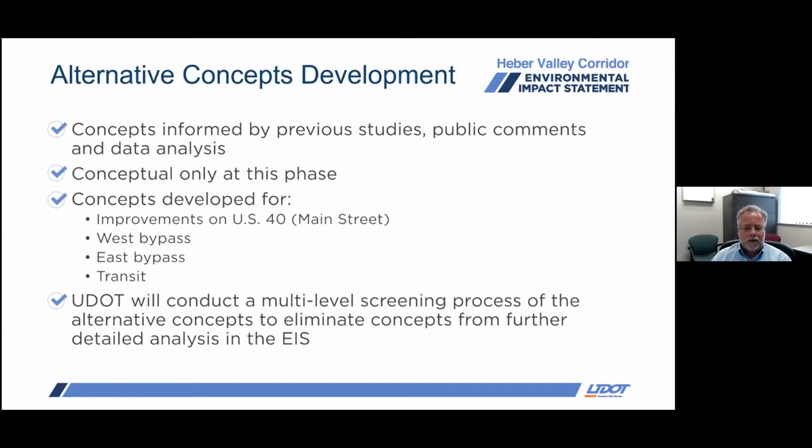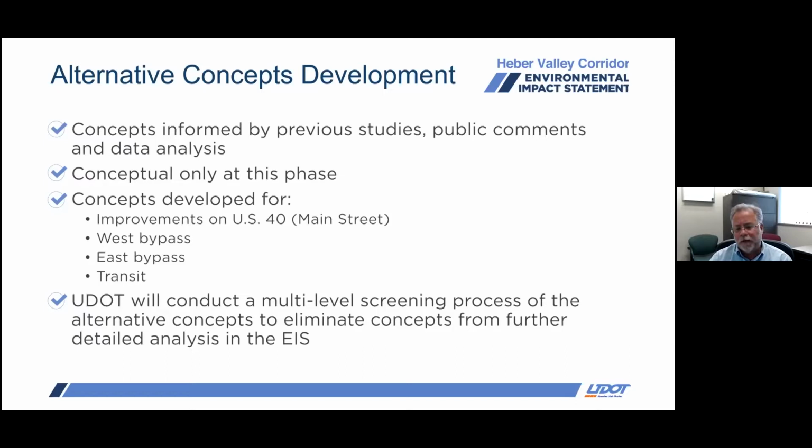Another way is by building bypasses and then routing traffic from US 40 onto those bypasses. I'll be showing alternatives that look at bypasses on the west side. We have also developed some alternatives that look at bypasses on the east side of US 40 as well.